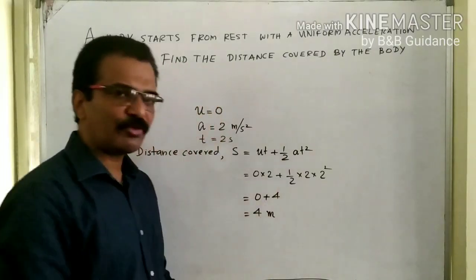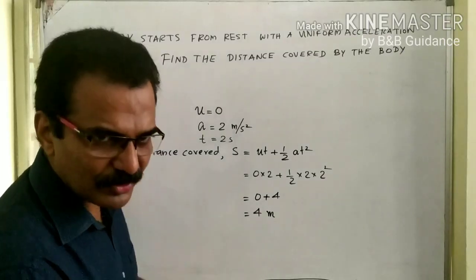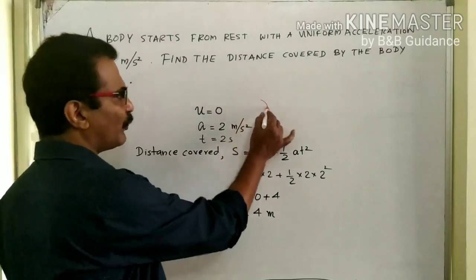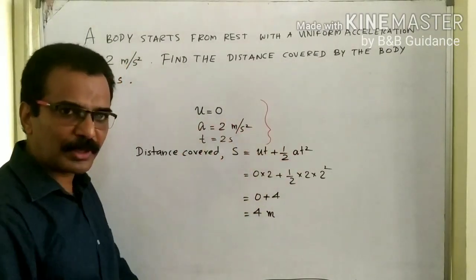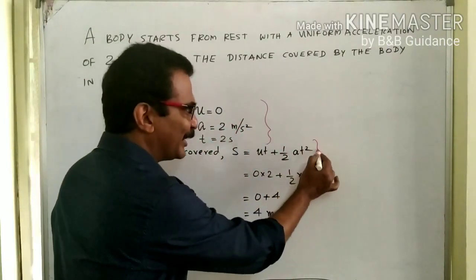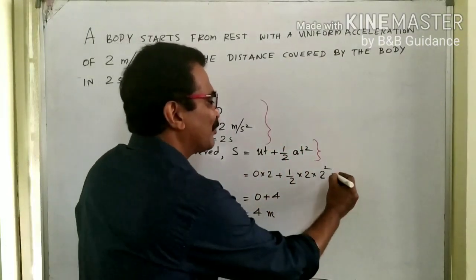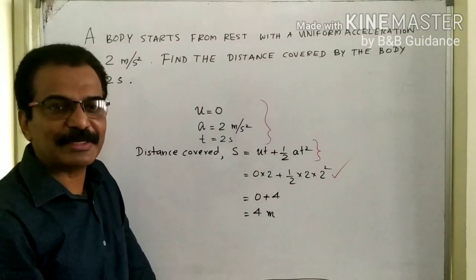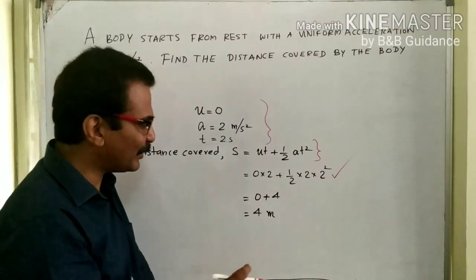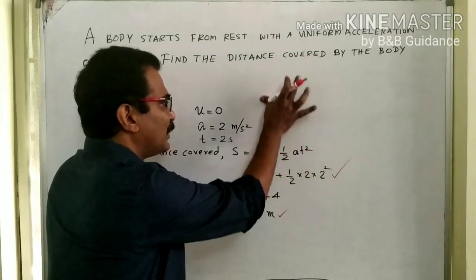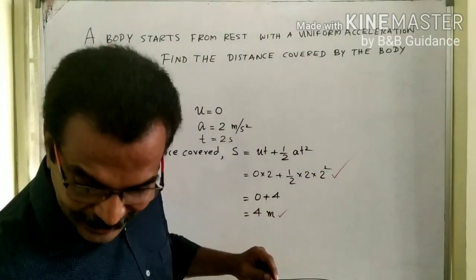When this question comes in the examination, you will not get any mark for writing this. They will give mark for the substitution, so substitution must be correct. Then they give mark for the final answer with the correct unit. This type of questions may carry 2 marks.